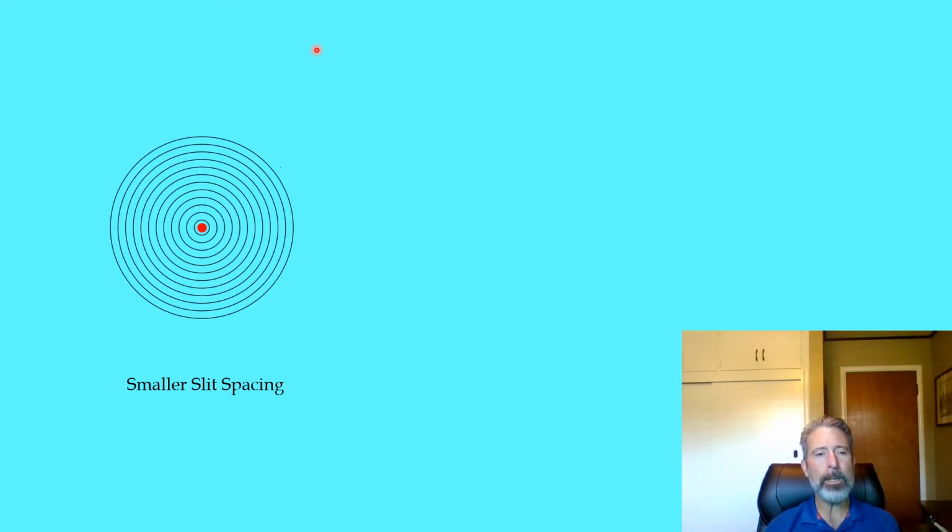All right, in this slide, I've created a simulation which will also explore this relationship, and we can slow this down since we're going to be looking at some still shots. The first case we'll look at is what happens when the slits are fairly close together, when there's a small slit spacing. What I'm showing you here is the wave front, the wave that is emitted from the top slit.